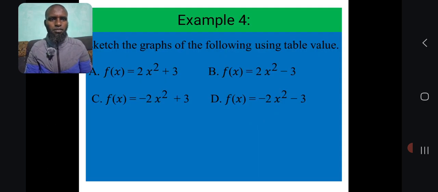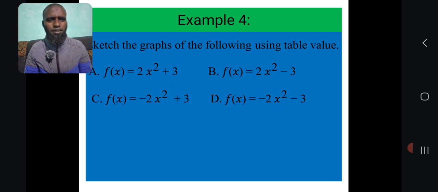When you come to the fourth example, sketch the graph of the following using a table of values. Say you have f of x equals x squared plus 3. These graphs all have the same type of shape, except for the value of a, which means the coefficient of x squared, either negative or positive.